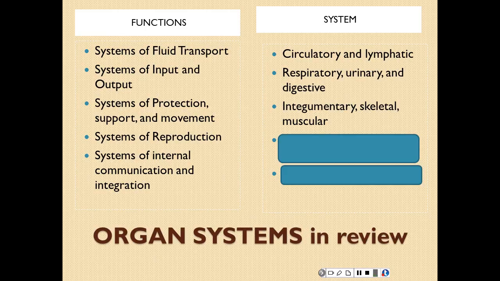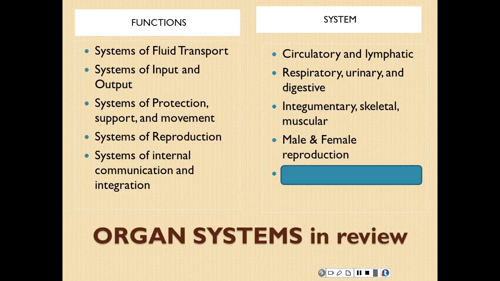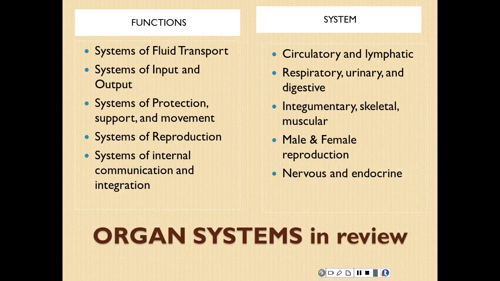Integumentary system, skeletal system, and our muscular system. Systems of reproduction, that's very easy. Male and female reproductive systems. Then we have systems of internal communication and integration. What do we have? Nervous system and the endocrine system.